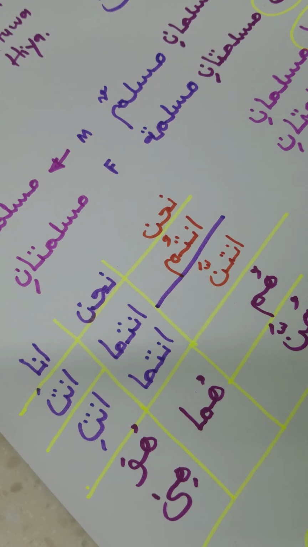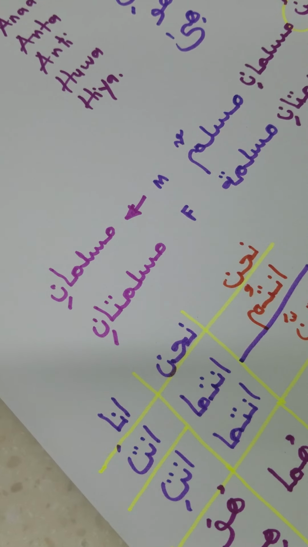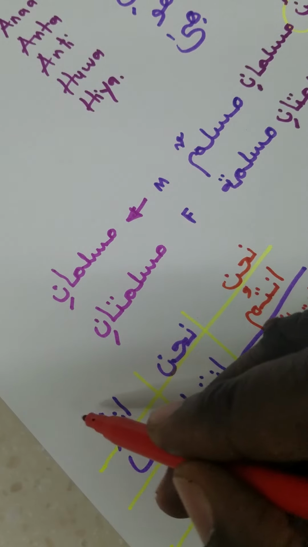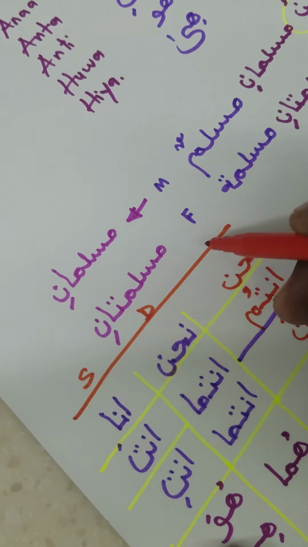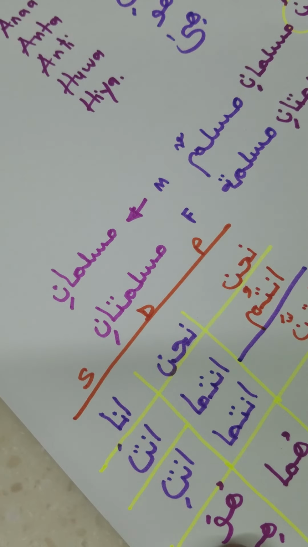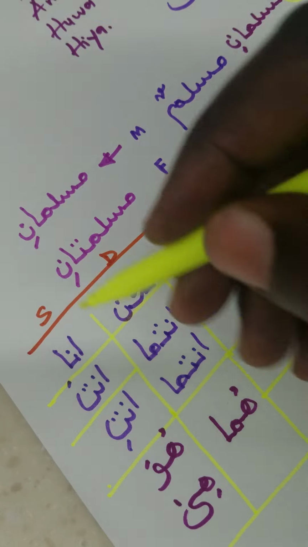Put your eyes on this. You can even add this, that this is singular, this is dual, and this is plural. Okay, so that you can take your time, you can read it, you can listen.